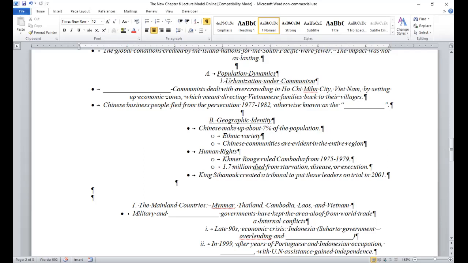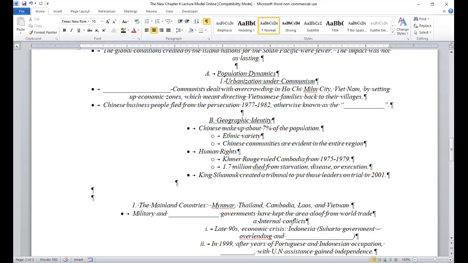Chinese business people, though, fled from the persecution. Again, once the communists took over, just like Mao did in China, just like Stalin did in the Soviet Union, the capitalists were the targets, right, for the communists. And the Chinese business people who were capitalists were being persecuted and fled from 1977 through 1982, otherwise known as the boat people. Right?